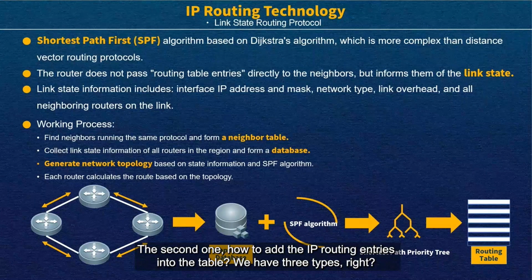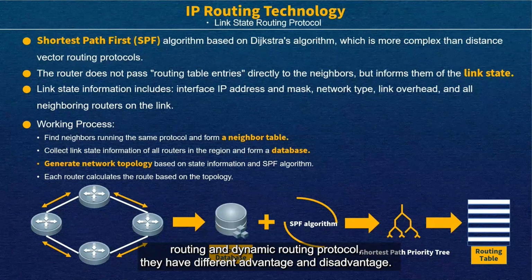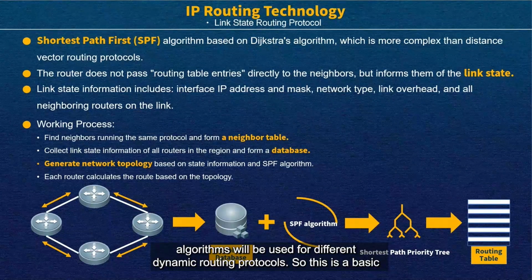We have three types, right? Direct connected route, the static route, and the third one is dynamic route. And the static routing and dynamic routing protocols have different advantages and disadvantages. And about the dynamic routing protocols, we also have different classifications, and different algorithms will be used for different dynamic routing protocols.